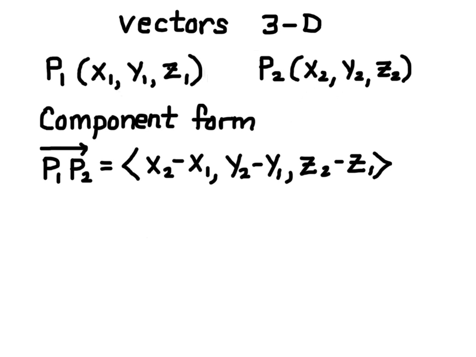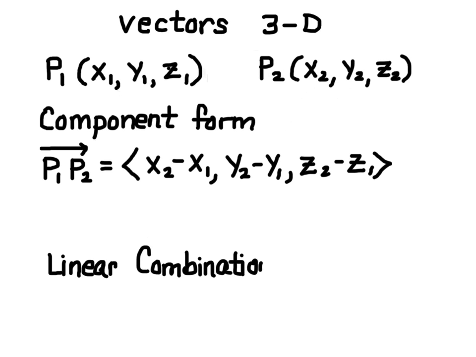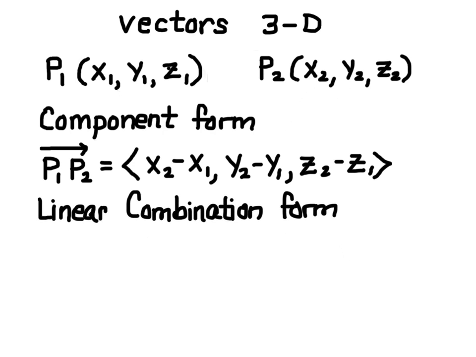Now our next form is linear combination form, and this is another way to write our vector P1, P2.